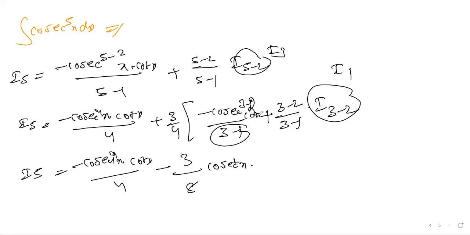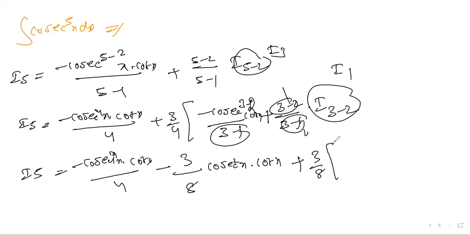Any more missing terms? Then 3 by 4 into 1 by 2 again is 3 by 8. So what is the value of I1? Again we have to do the derivation.